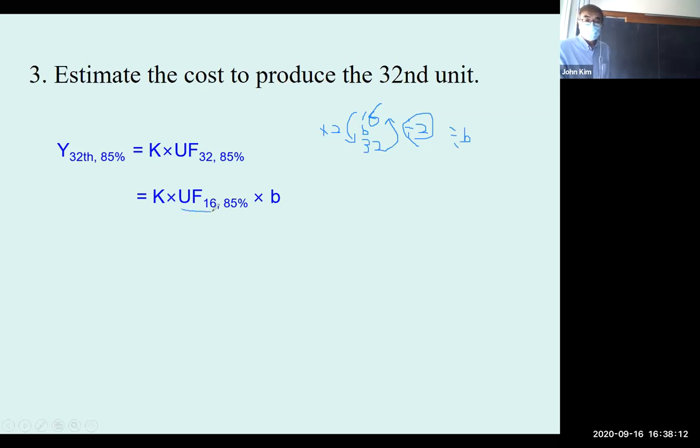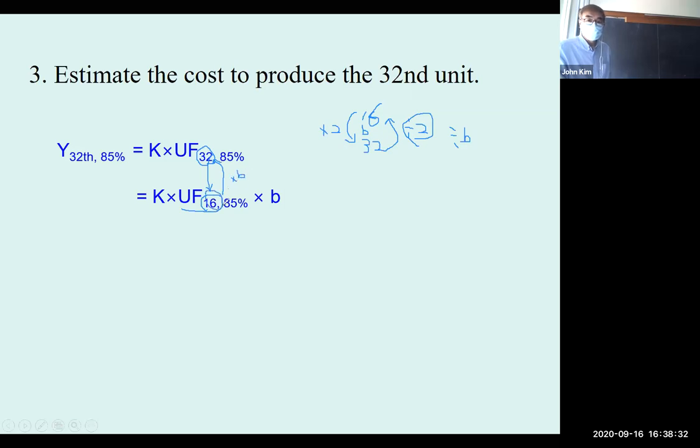So it's like this: if you can find half of 30-second, then to get 30-second, times b.